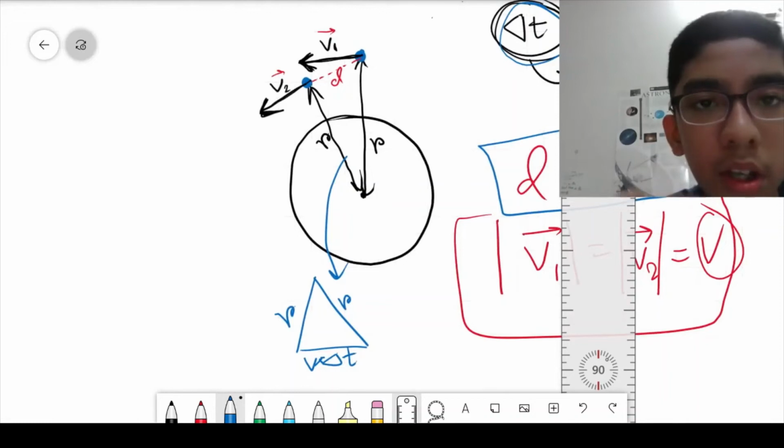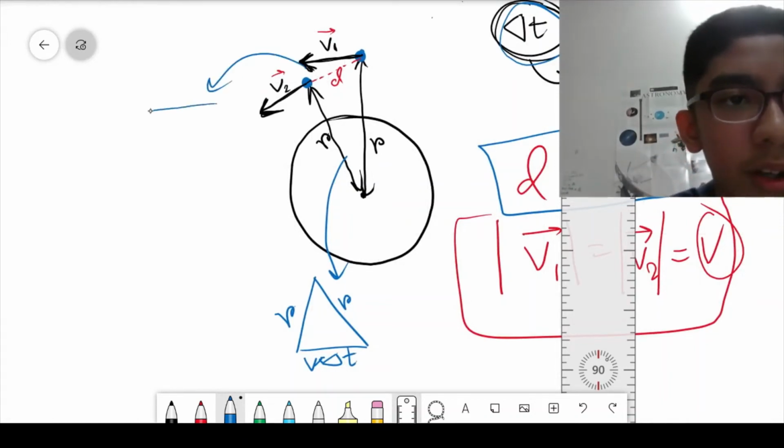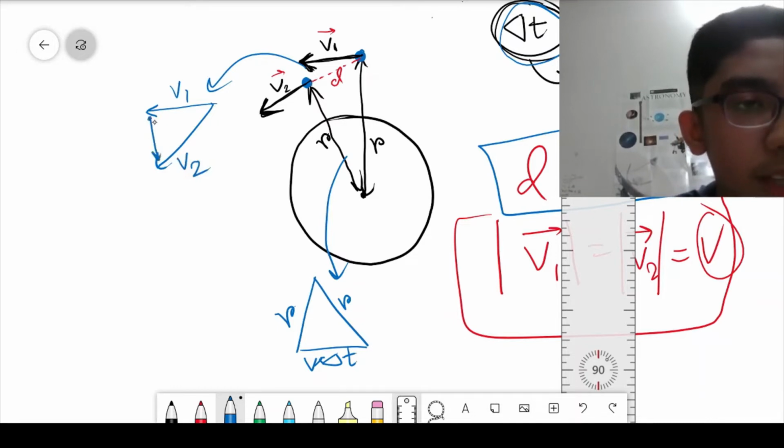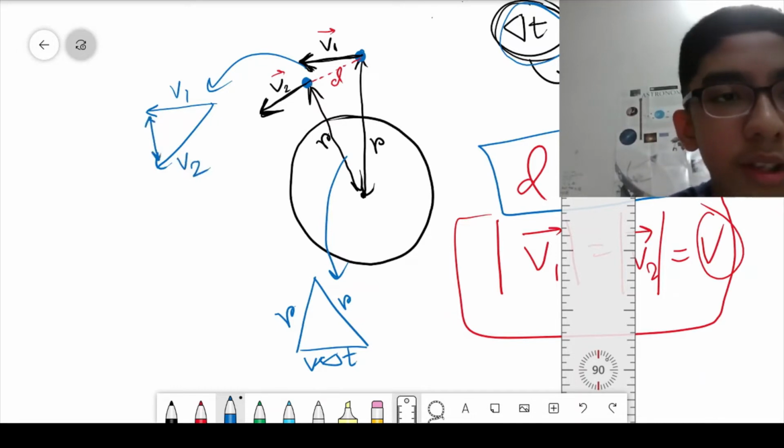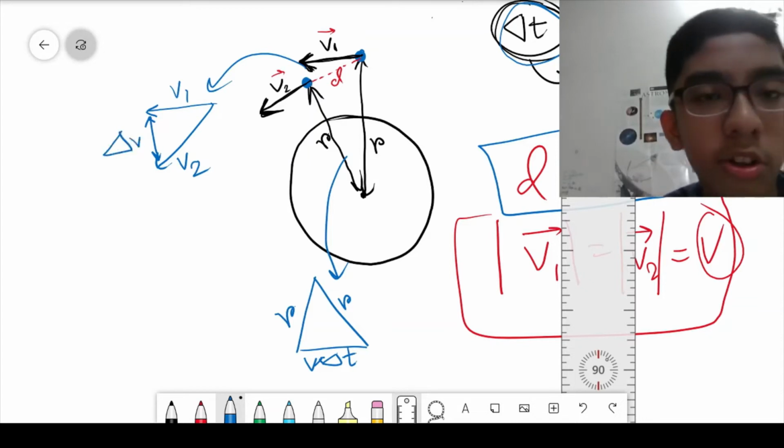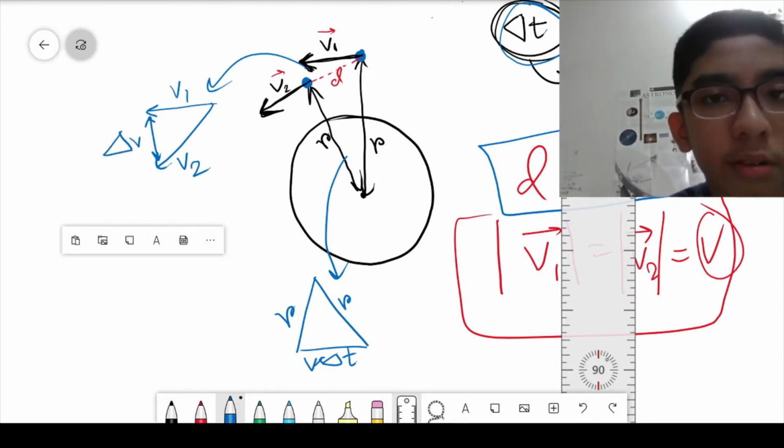And now another triangle has been formed, which is this one. This is v1 and this is v2, and as I've said, there was a change in the direction of velocity, so we can say that this one is delta v, caused by the change in the direction of the velocities.